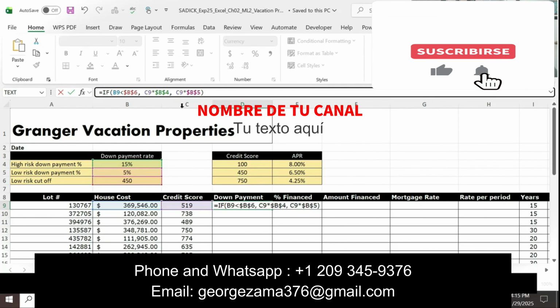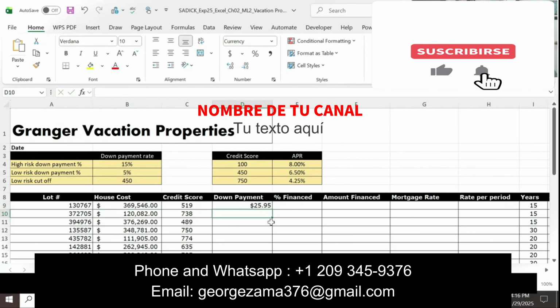Else C9 multiplied by B4, that is the high risk payment. If that condition is not true, then we multiply C9 by the down payment percentage accordingly. Then simply press enter and we get a result.